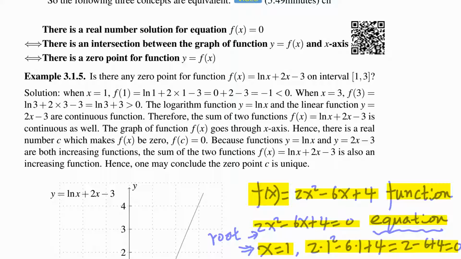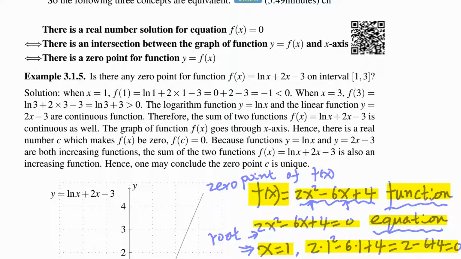And for the function, it is called the 0 point of f of x, because you plug in 1 here, then you will get the whole expression to be 0.